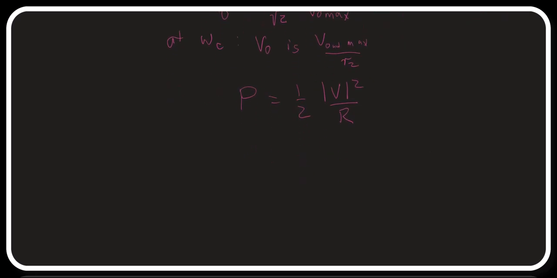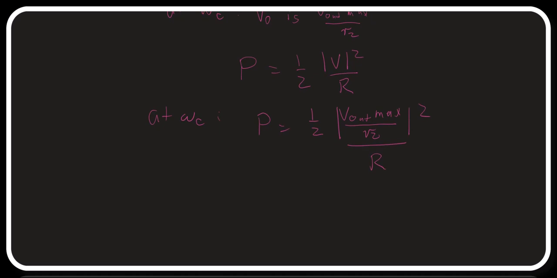So at the cutoff frequency, the power will equal 1/2 times v out max over the square root of 2, squared, over R. What is this?